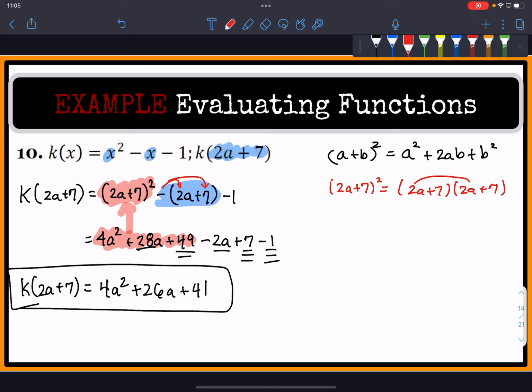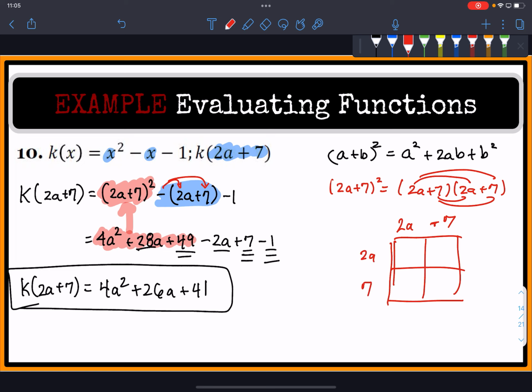And multiplying this out using either distribution or using this box method here, 2a plus 7, 2a plus 7, we end up with 4a squared, positive 14a, another positive 14a, because multiplying all of these things now by 7, 7 times 2a is 14a, and then 7 times 7 is 49. We will end up again with this exact same thing.